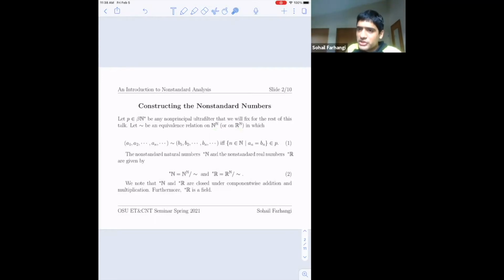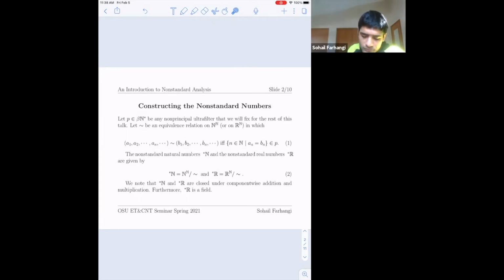The equivalence relation is that two sequences, the sequence of a_i's and the sequence of b_i's, are equivalent if and only if the set of indices for which they agree is contained in your ultrafilter P. The fact that this is transitive follows from the fact that ultrafilters are closed under intersection. The fact that it's reflexive is pretty clear. So it's an equivalence relation.